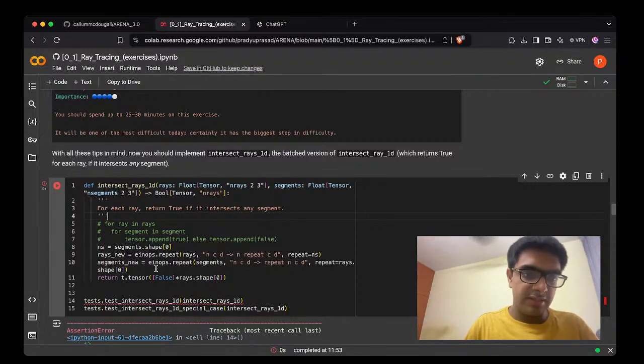This is the meat of it, right? So what's going on here is that I gotta stack them, and I've done that.